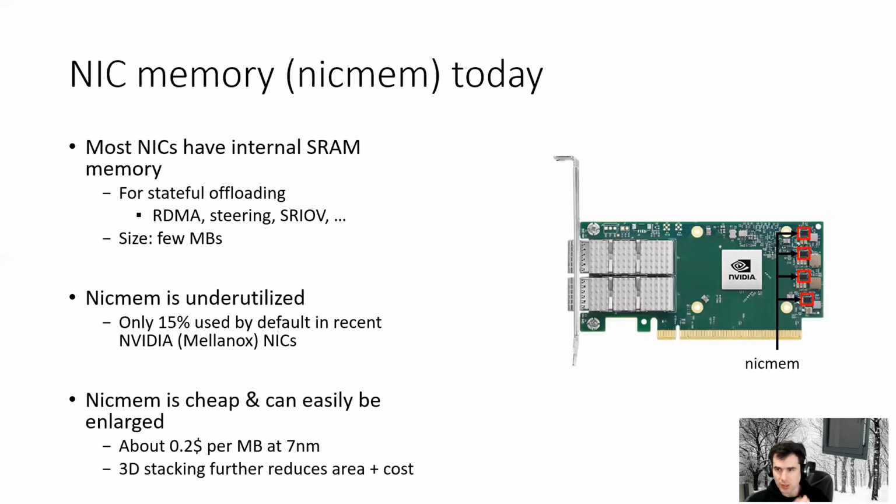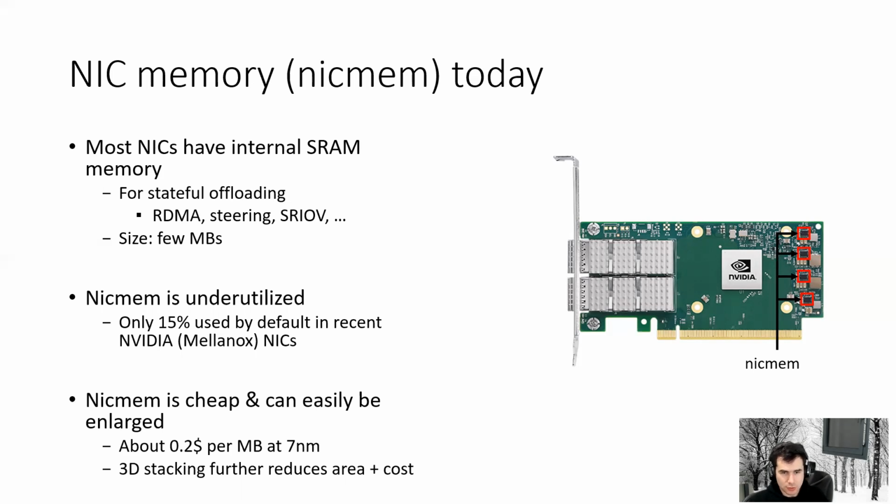Today's NICs contain internal SRAM memory, just a few megabytes, for stateful offloading, such as RDMA, packet steering, and SR-IOV. When stateful offloads are not used, this memory is underutilized. For example, recent Mellanox NICs utilize only 15% by default. By the way, Mellanox was purchased by NVIDIA, and so we call them NVIDIA NICs for the rest of the talk.